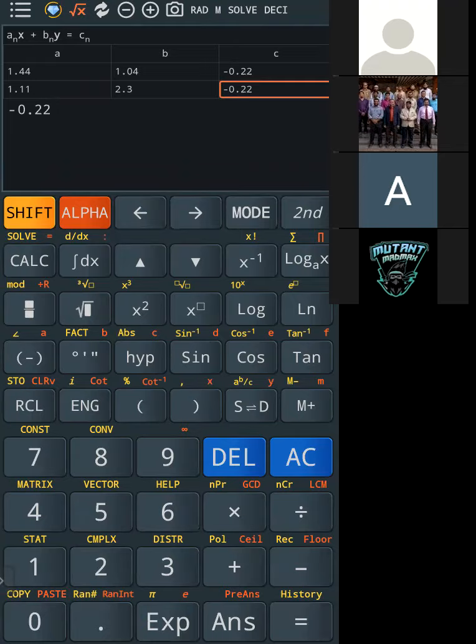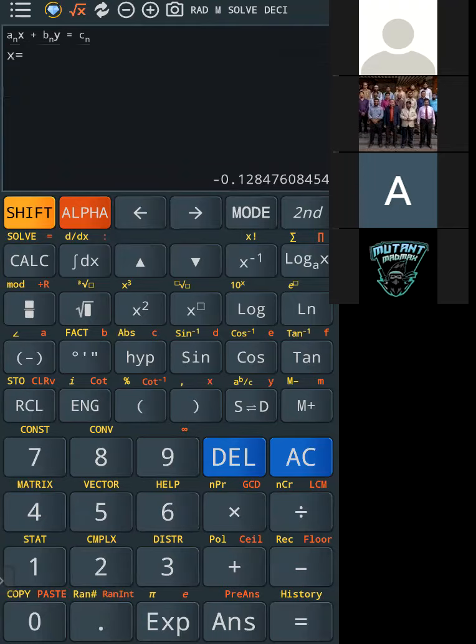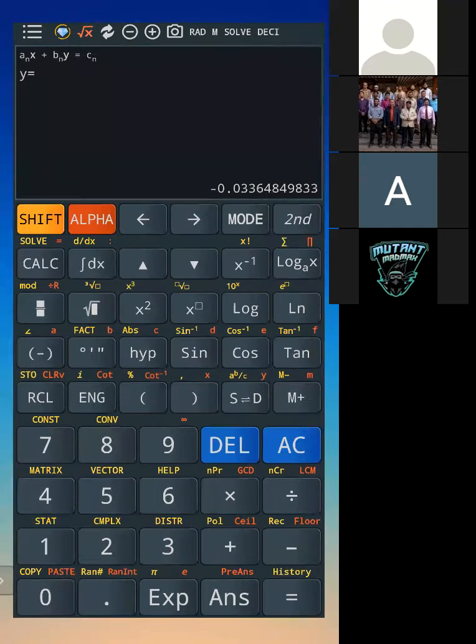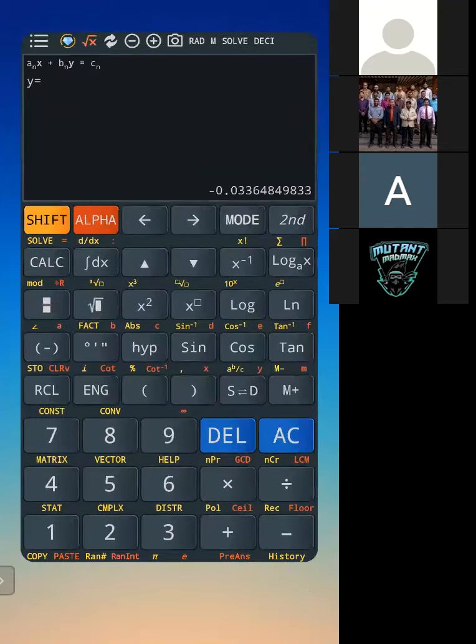When we solve it, we get these values: C2 is minus 0.1285 and C3 is minus 0.0336. I expect each of you to do this calculation.